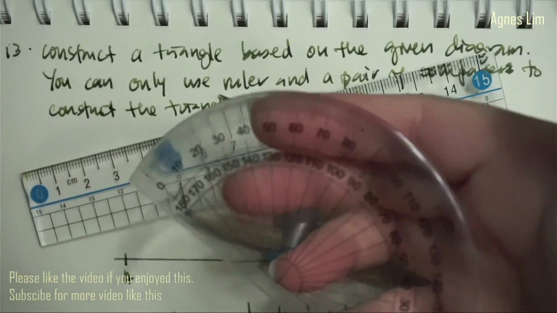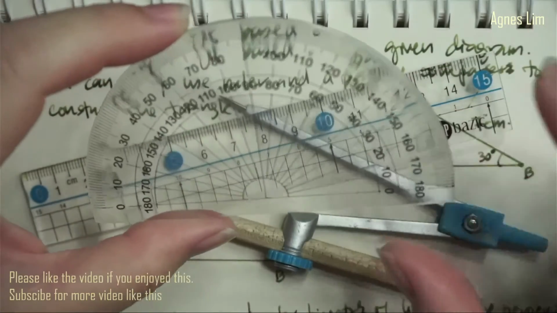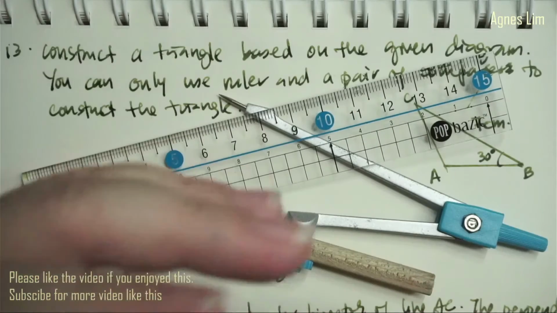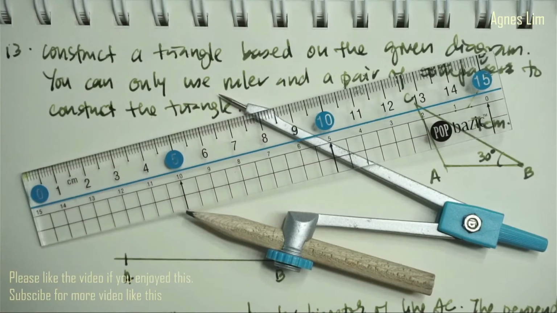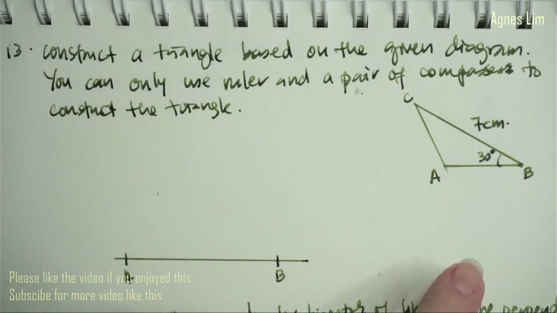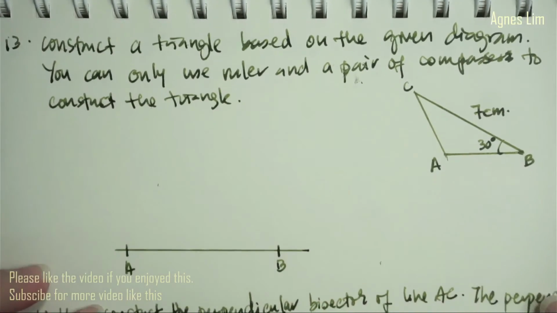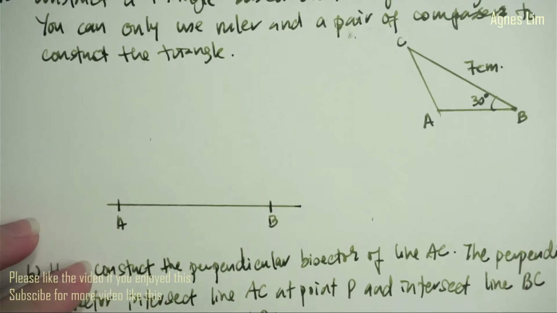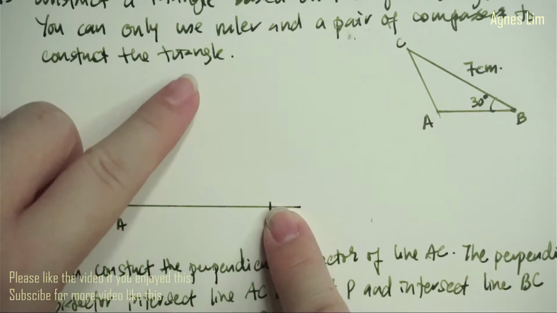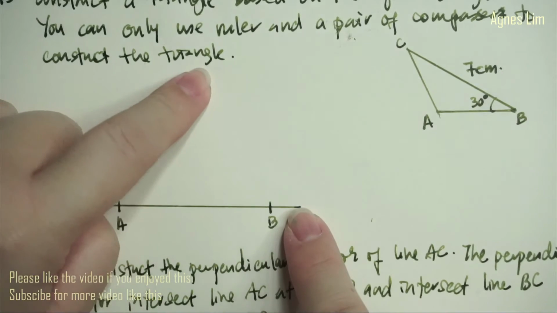You can also use the protractor, but not to help you construct, just like what I did previously. It is to check. Okay, so according to this diagram, I'm going to move it up. So A, B, C, which we don't have at the given line. So C is here.